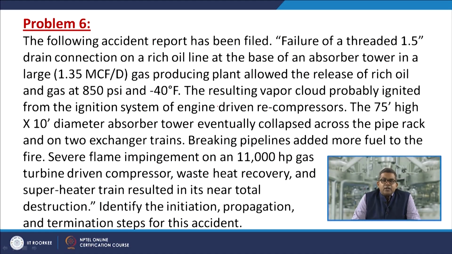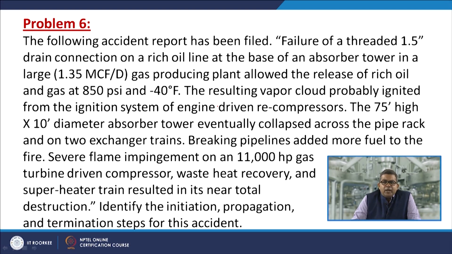The resulting vapor cloud probably ignited from the ignition system of an engine driven recompressor, and a 75 feet high and 10 feet in diameter absorber tower eventually collapsed across the pipe rack and on 2 exchanger trains.